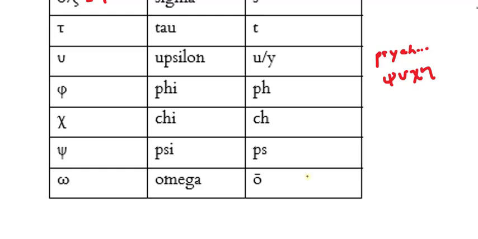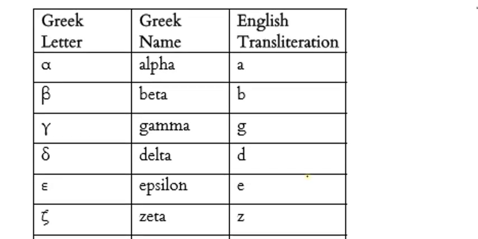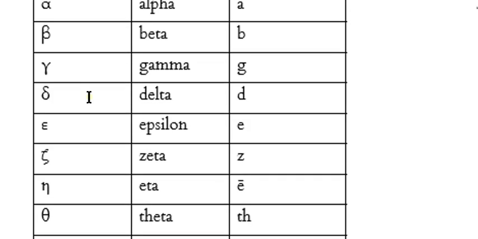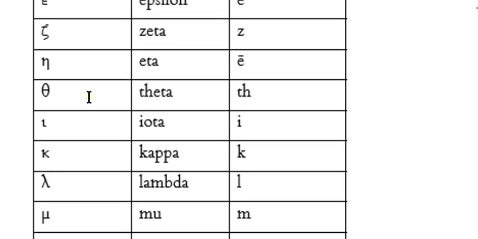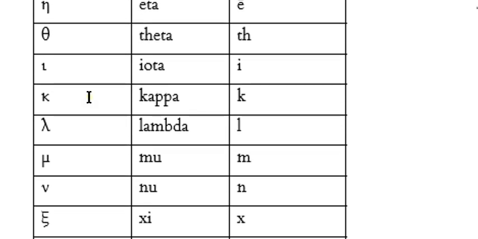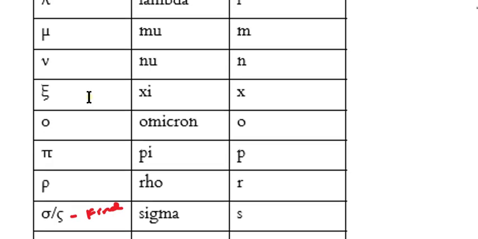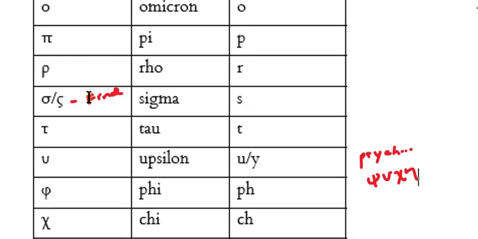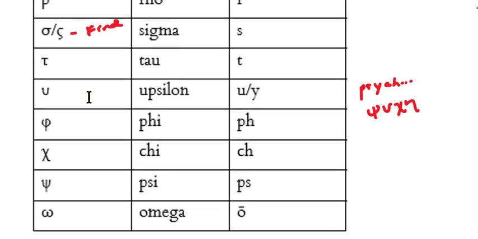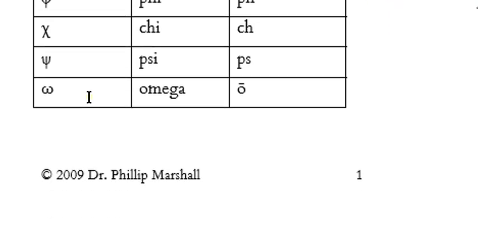So let's work on pronouncing these letters again. And again, repeat after me. Ready? Alpha, beta, gamma, delta, epsilon, zeta, eta, theta, iota, kappa, lambda, mu, nu, xi, omicron, pi, rho, sigma, tau, upsilon, phi, chi, psi, omega.